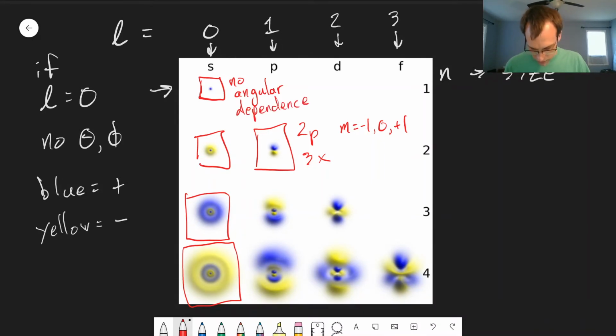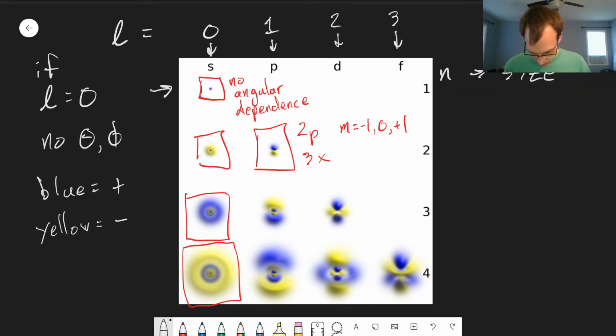One other thing you'll notice is that as n keeps increasing, we see multiple times where the function changes from positive to negative. In a 1s orbital, we have 0 nodes, or areas where the wave function goes to 0.